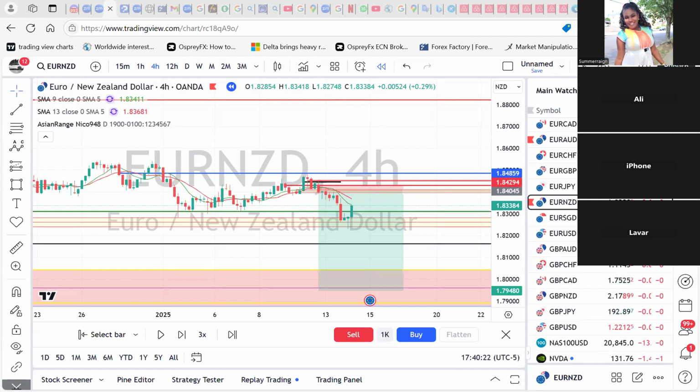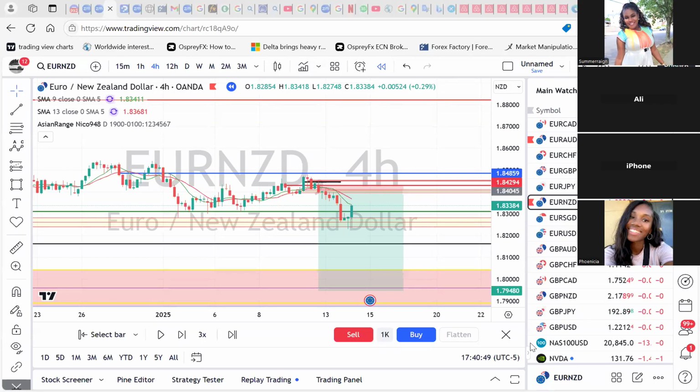So for those whose psychology can't take the pullbacks, if it's open-ended, then you're going to get what you get. But if you just set a TP to build the equity in your account and then wait for the next move.